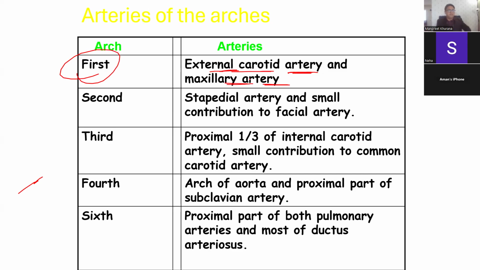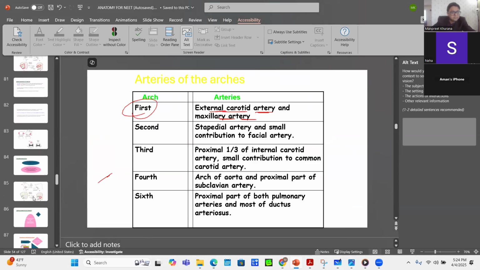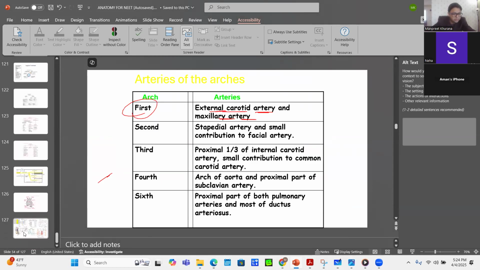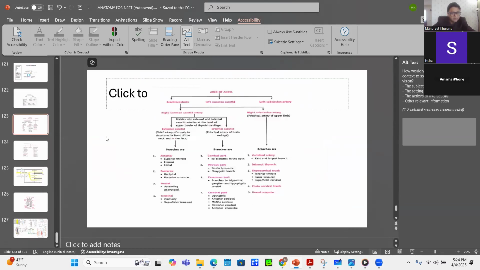It's a beautiful diagram. Let me just open that. You will never forget the nerves and arteries. Okay, let's keep it this way. Now let me open up, I have a picture of that. Let me see where it is.